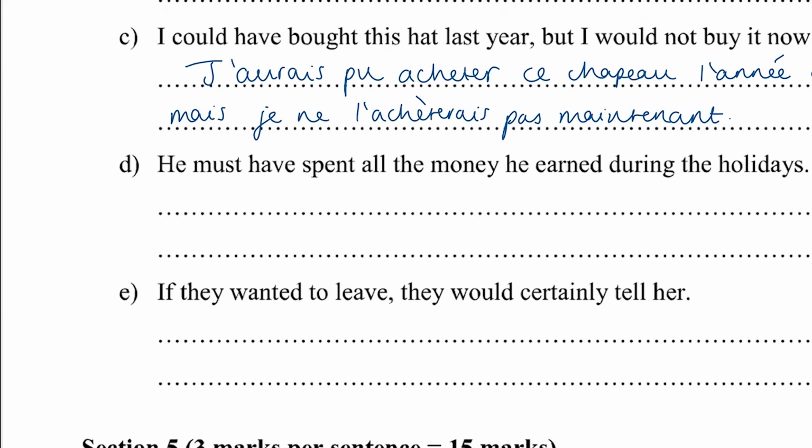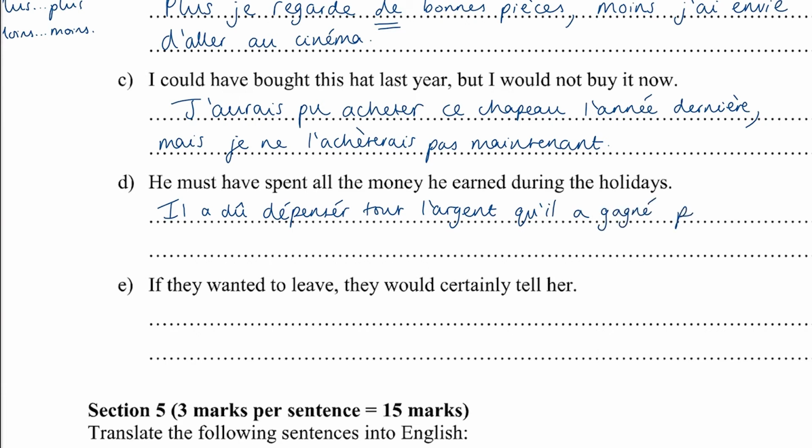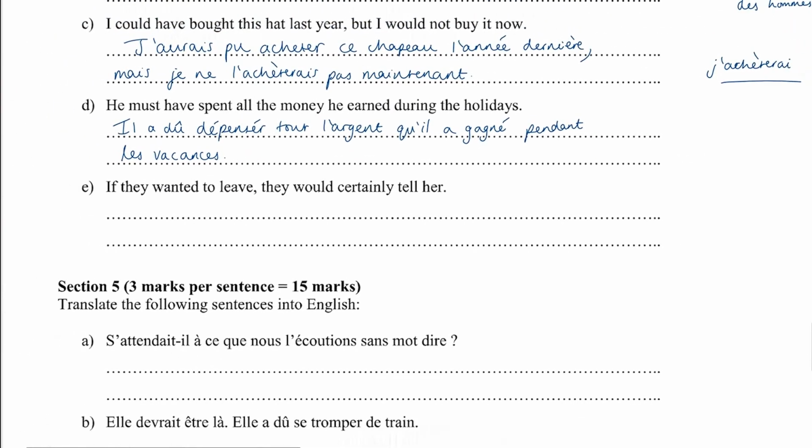In French, the whole thing has to be in the past tense. Il a dû dépenser tout l'argent qu'il, and you can use the verb gagner, to win, for earn, qu'il a gagné pendant les vacances. I spelt vacances correctly this time, well done.